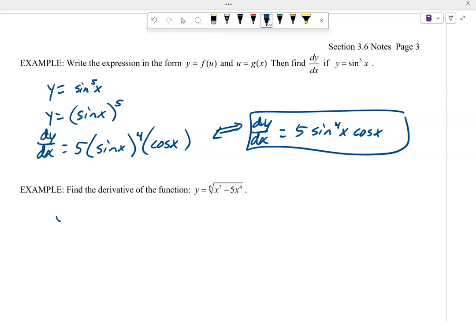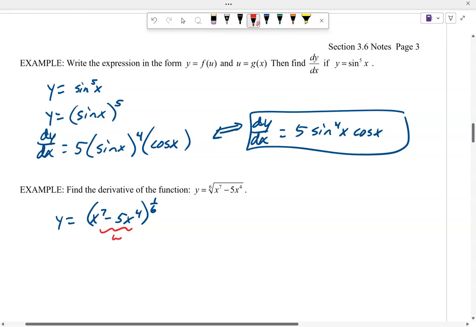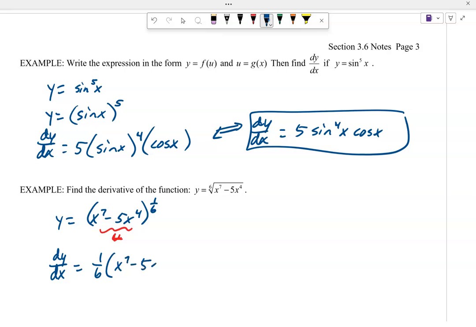Next one here, we've got y equals x to the 7th minus 5x to the 4th. This is all to the 1/6. I want to write that in exponential notation instead of radical notation. Again, another great you try problem if you want to pause this and give this one a shot. Well, hopefully you recognize that this is your u on the inside right there. That's your u. So you've got your power rule going on. So you got 1/6 goes in front. The u stuff is now to the 1/6 minus 1. So 1/6 minus 6/6 is a negative 5/6, right?